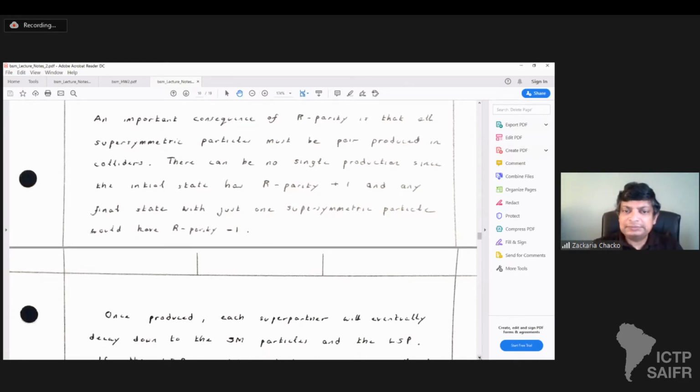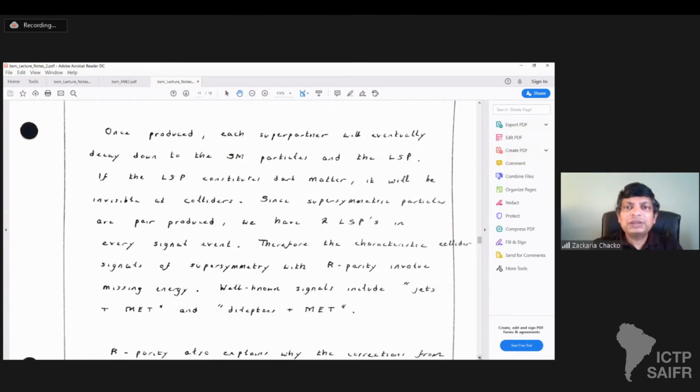All right. So once produced, each superpartner will now decay down, and it will eventually decay into a bunch of standard model particles plus the lightest supersymmetric particle. That means every event which produces supersymmetric particles at a collider will actually produce two of them, or some even number, and so you'll end up with at least two of the lightest supersymmetric particle.